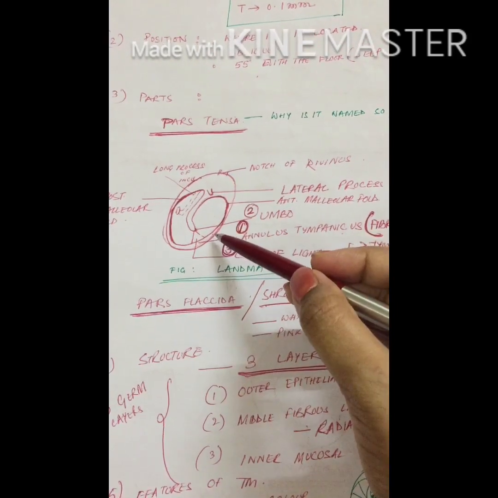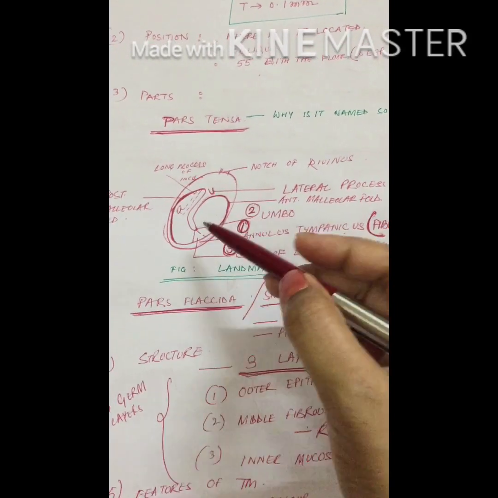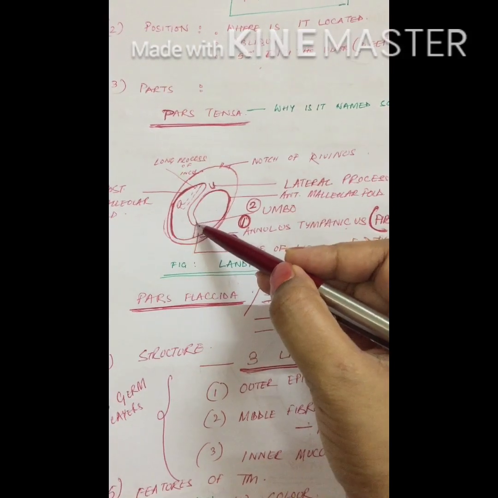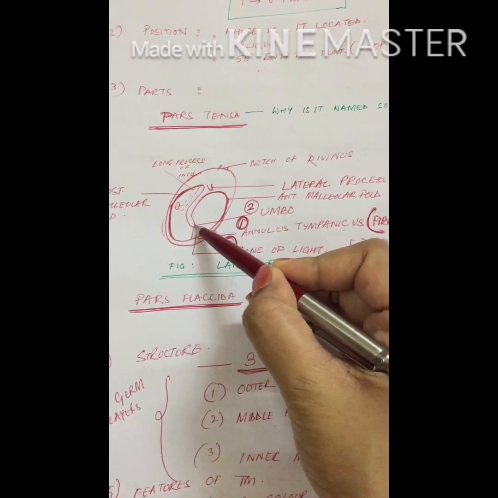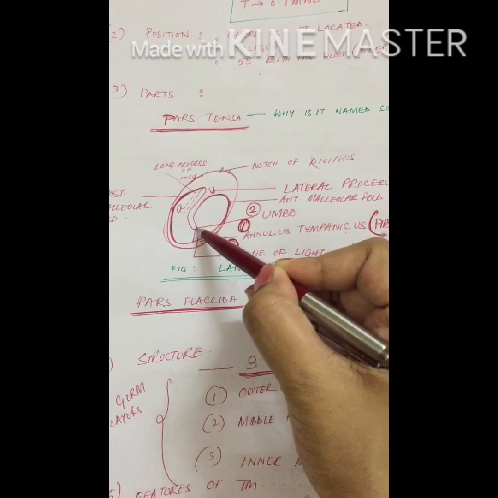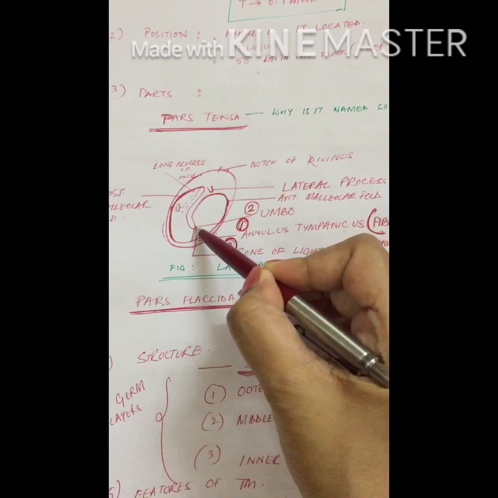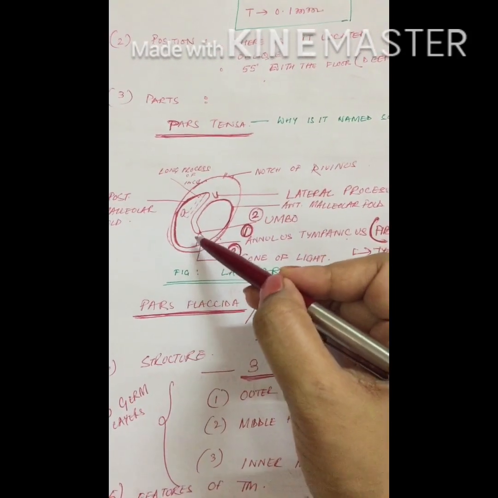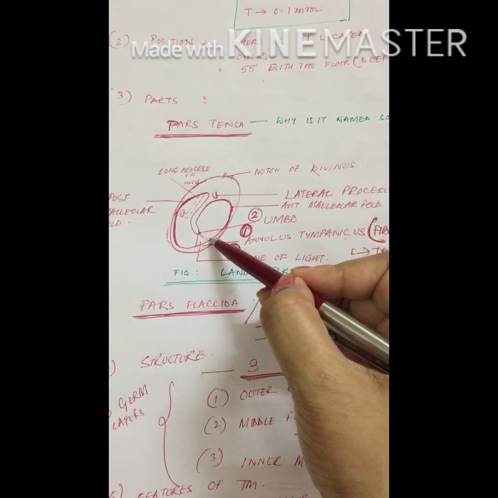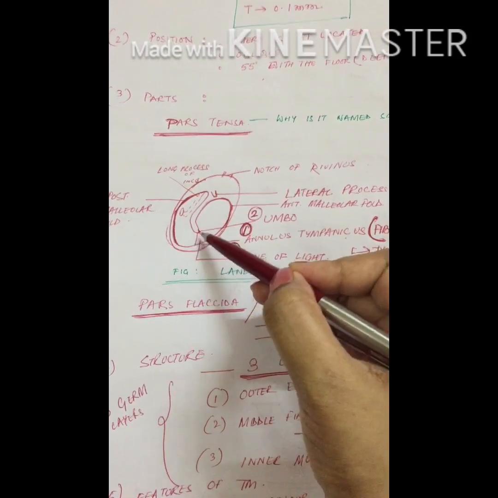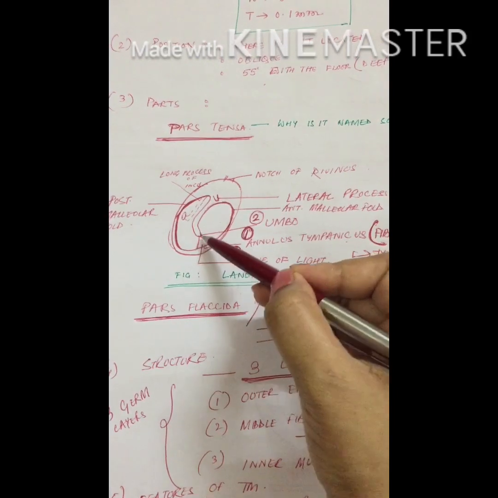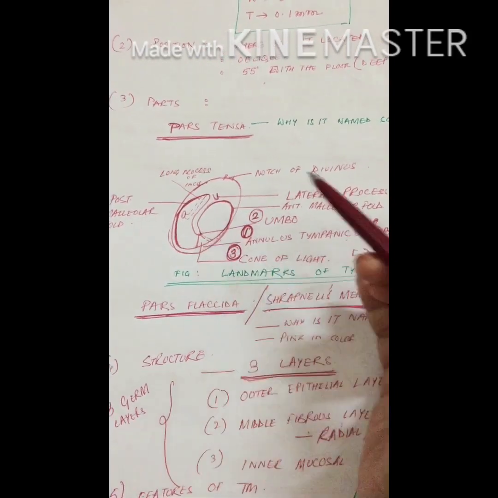It is a fibrocartilaginous ring. Umbo. Umbo is that part of the tympanic membrane which lies along the tip of the malleus. Cone of light. The cone of light is the light reflected along the umbo on the periphery.